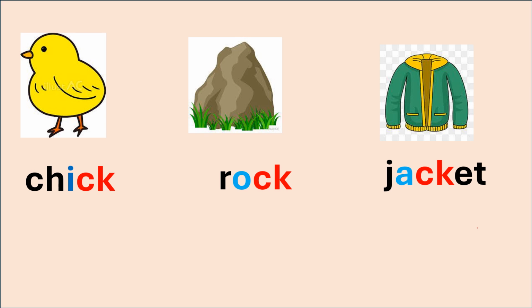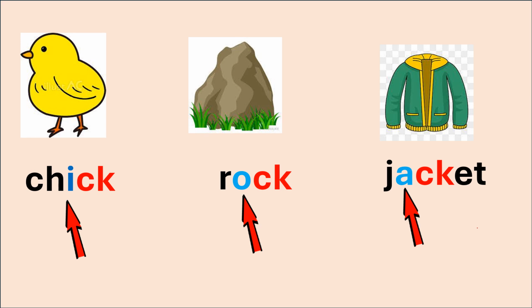There's a short A. So you see the short sound of the letter I in chick, the short sound of the letter O in rock, and the short sound of the letter A in jacket. So that short vowel sound comes just before we say that k.